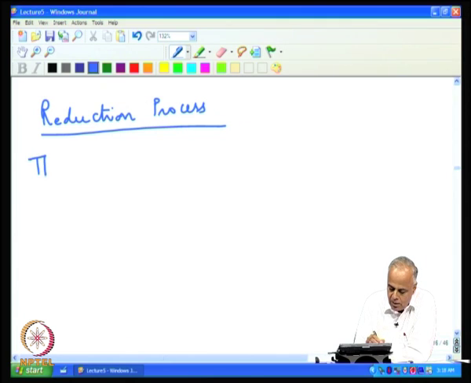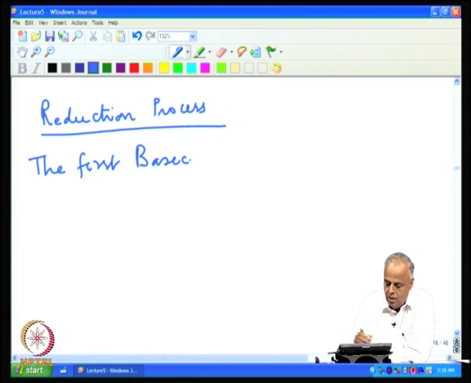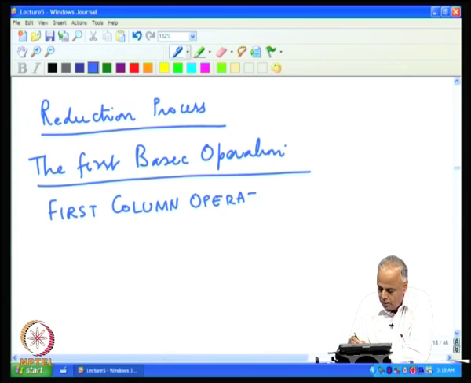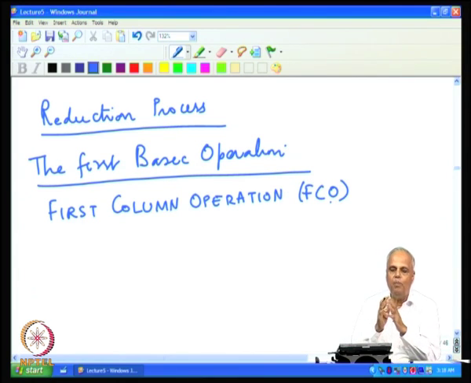So, the first basic operation, we shall call it the first column operation, FCO. What we mean is, obviously it is an operation which we are going to perform on a column. Which column? The first column, and obviously we will be talking only about row operations.